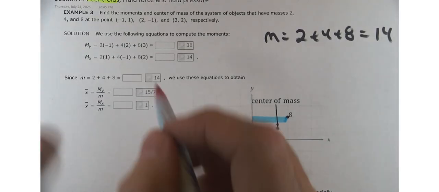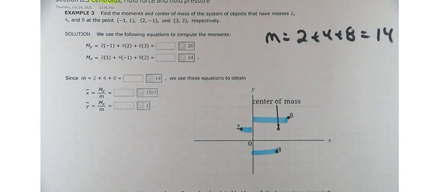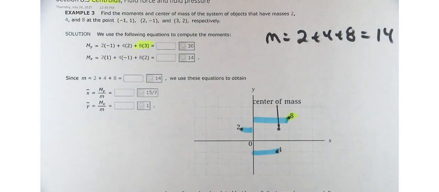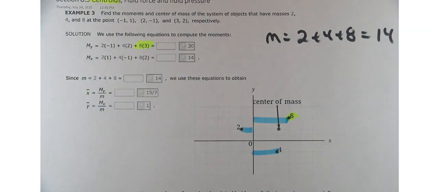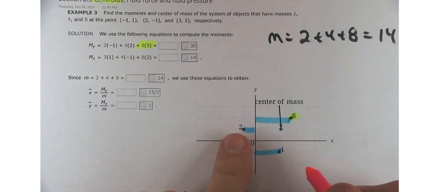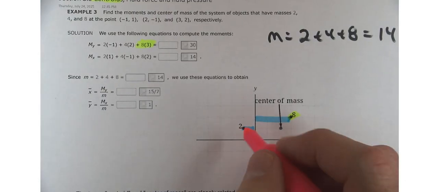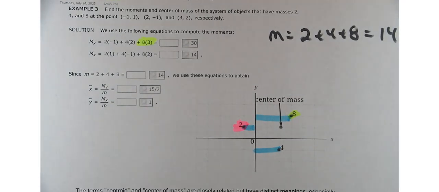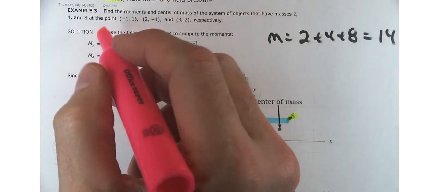So you get that with 8 times 3. What else do we have? Well, we've got a point here at 2. Now 2 is 1 unit away from the y-axis, but the important thing is that it's to the left of the y-axis. So that distance is a negative 1.